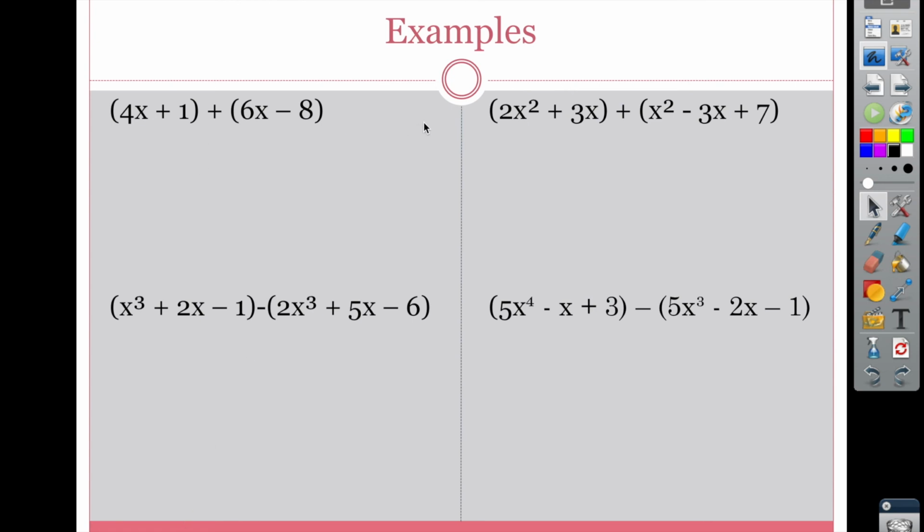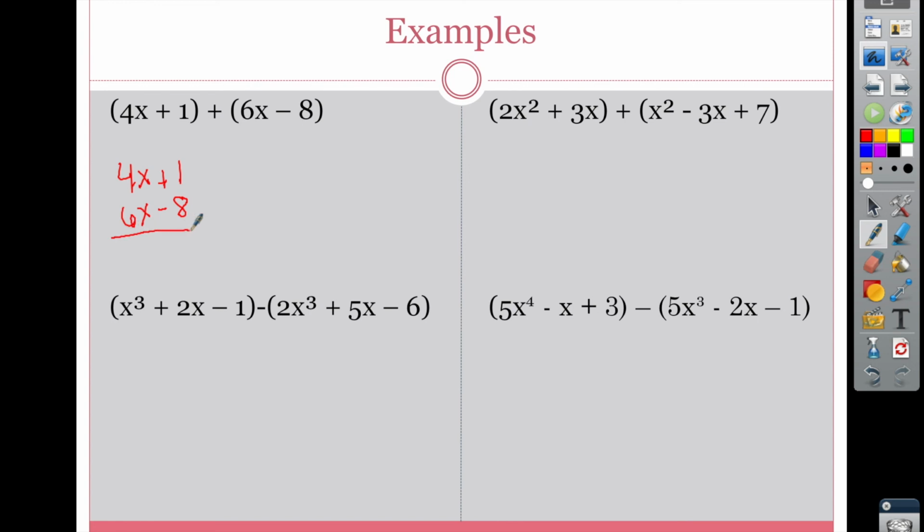Let's try some examples. So we have 4x plus 1 plus 6x minus 8. Okay, so you need to rewrite this so that the like terms are aligned. So 4x plus 1 over 6x minus 8.